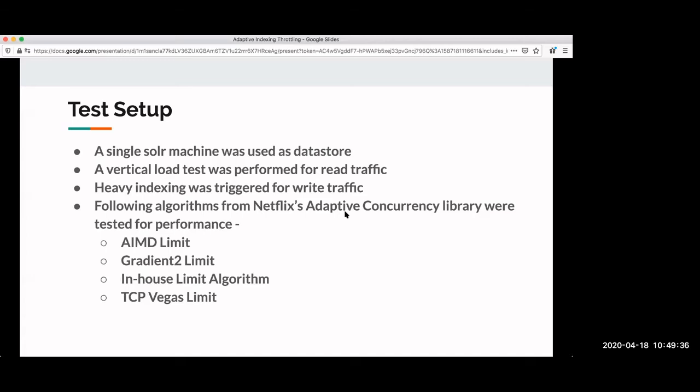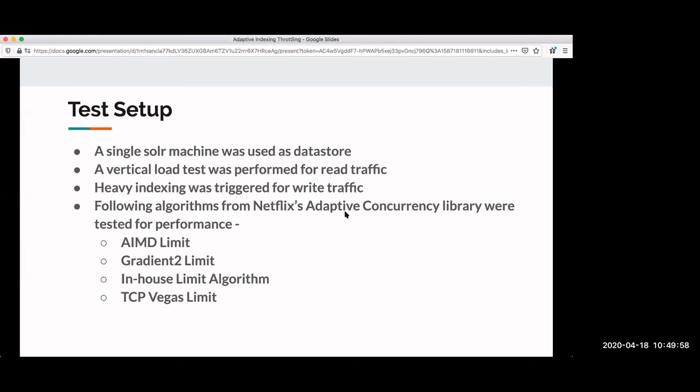So basically it calculates a limit for how much concurrency my service can handle, how many requests it can be processing at once. That is what Netflix tried to solve with this library. It had two components which were useful for us.